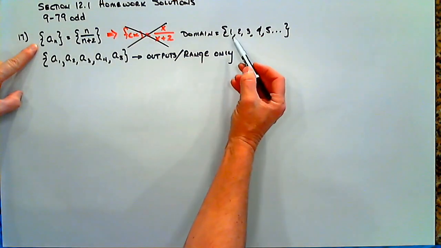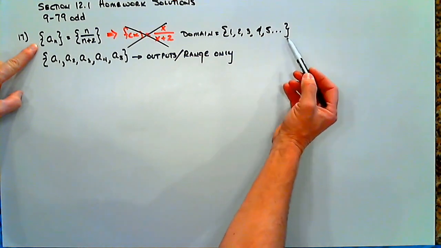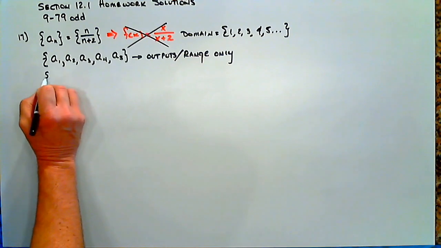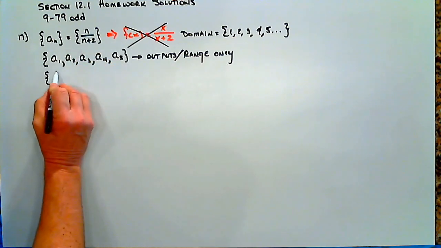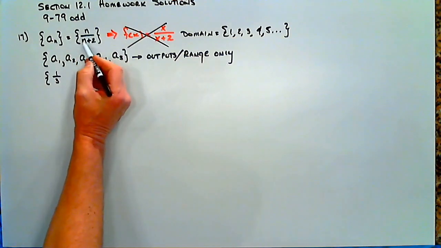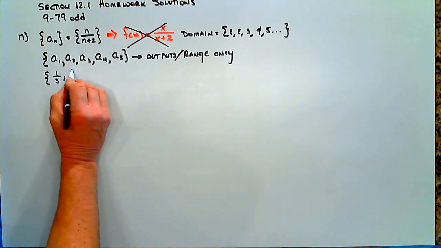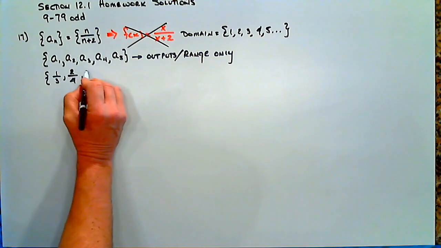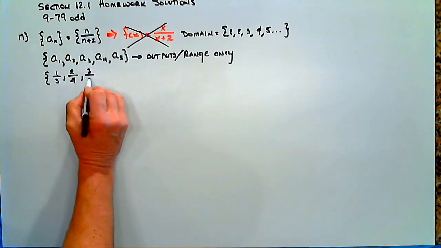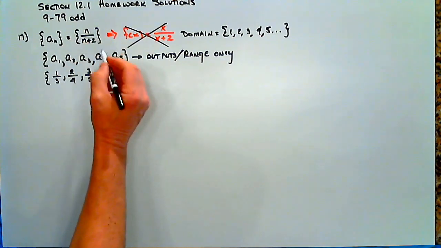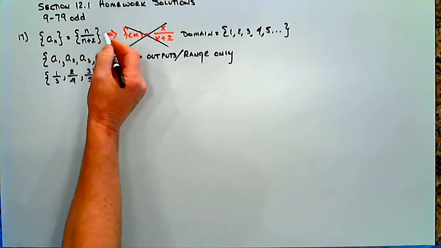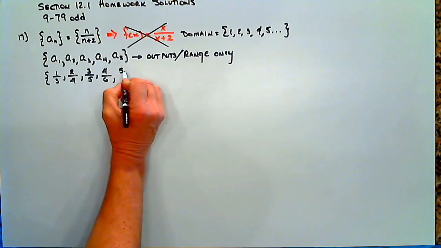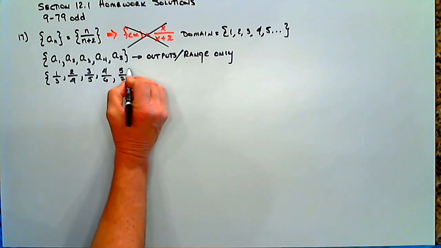Sequences mean our domain is 1, 2, 3, 4, 5, 6, etc. So the answer to problem 17, we're going to plug in 1. We get 1 divided by 3. We plug in 2, we get 2 divided by 4. We plug in 3, we get 3 divided by 5. We plug in 4, we get 4 divided by 6. We plug in 5, we get 5 divided by 7.